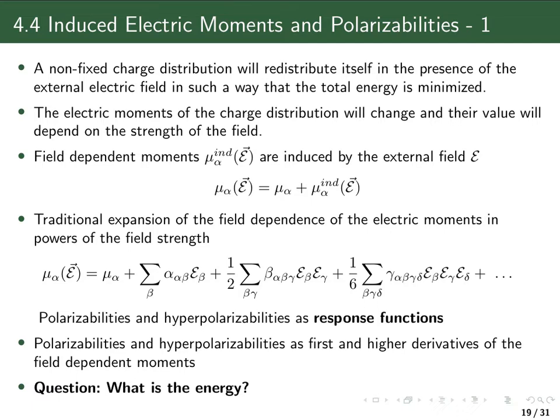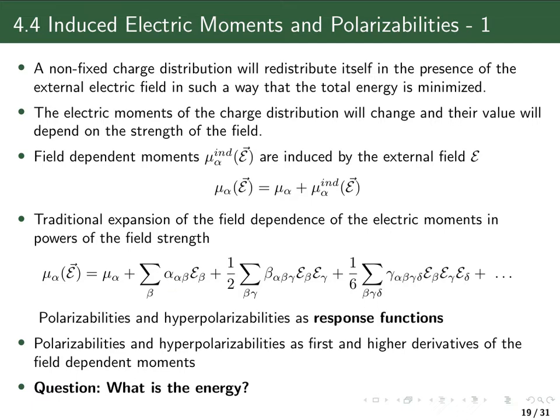In the next term, which depends quadratically on the field, we then have a proportionality constant, which in reality is 27 constants, which we combine all together in what is called a third rank tensor. And this property is called the first hyperpolarizability. And in the next term we have 81 components of the second hyperpolarizability.